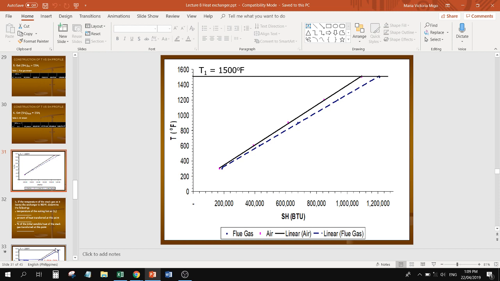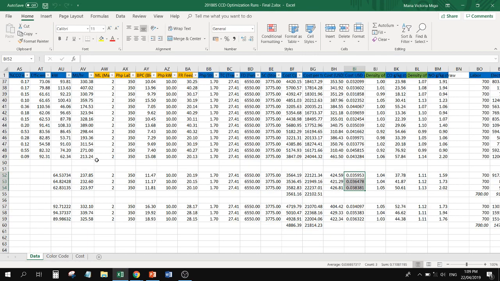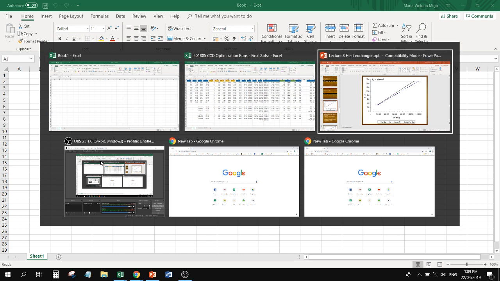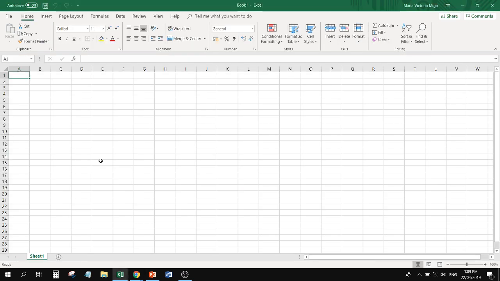So let me open Excel. Oops, this is my thesis. Okay. So first let me type in the different reference temperatures. And then this is for the hot flue gas.